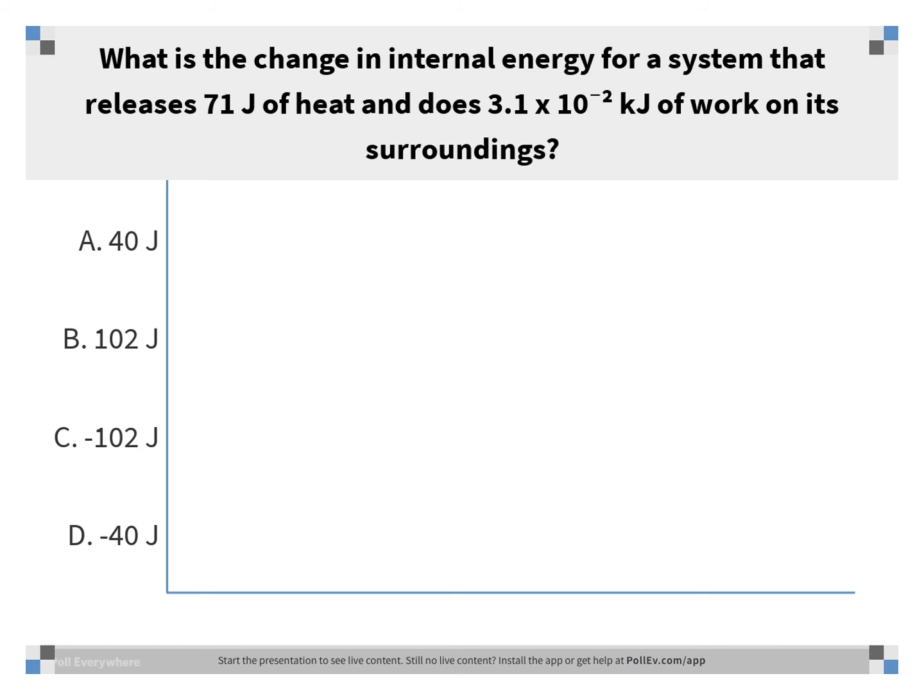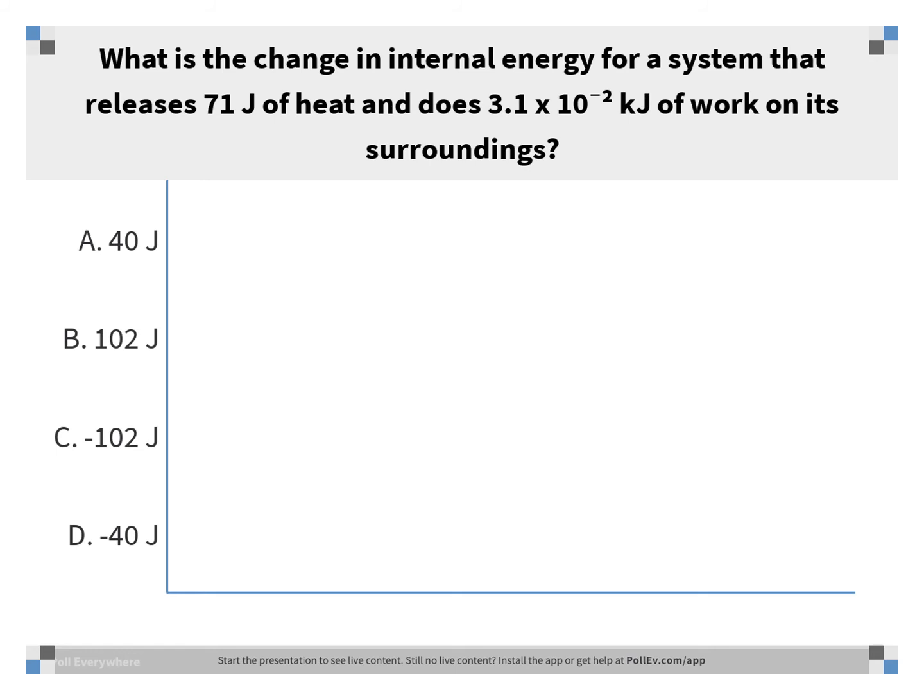negative 102 joules. So the first thing you're going to have to do is get the units to be the same as each other. So I would change the kilojoules of work into joules. When we do that by multiplying by 1,000, we end up with 31 joules. But we don't know the signs yet. We have to actually read the words in the word problem.